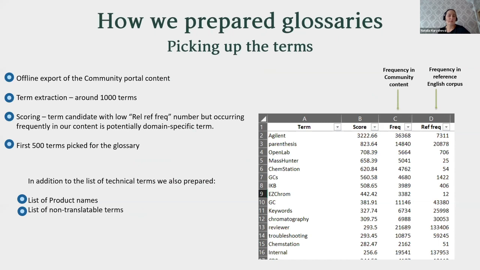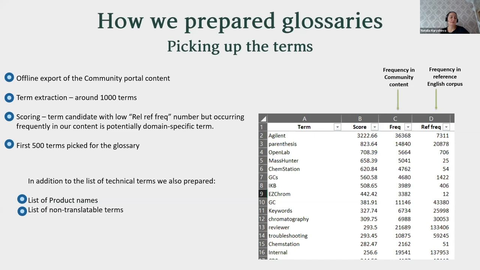So this is how we actually prepared our data. We first of all downloaded the offline version of our community portal content and did terms extraction. And we got a long list of 1,000 terms. After that, we did the scoring. We checked frequency of the term in our content and frequency of the term in a reference English corpus.